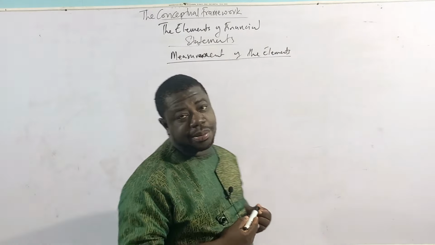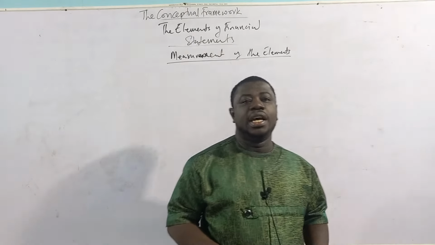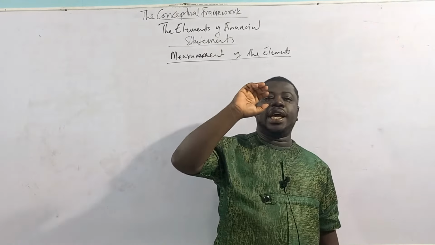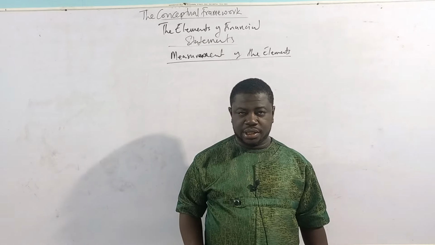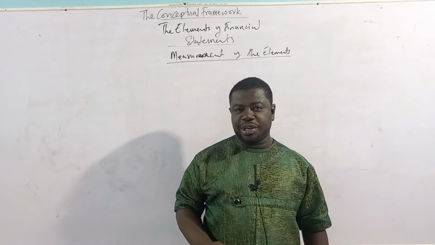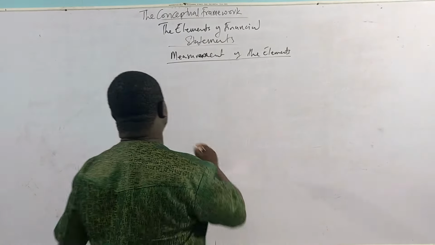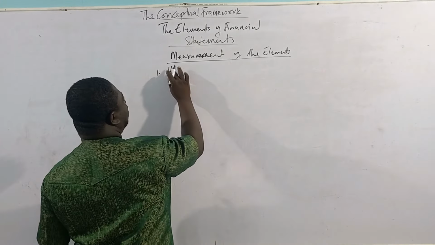I've already explained measurement to you as assigning monetary values to the elements of financial statements. The conceptual framework discusses four different measurement bases, and I'm going to list them for you. The first one is the historical cost basis.